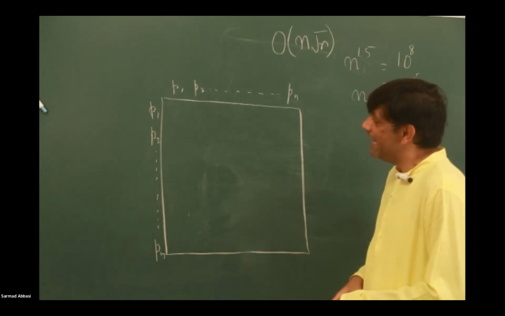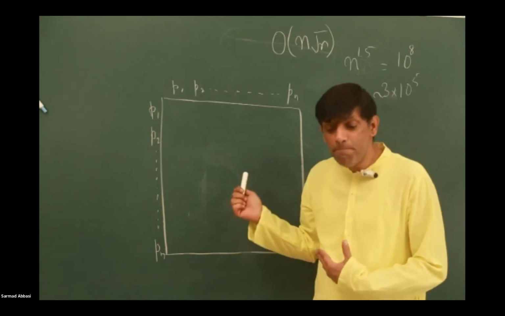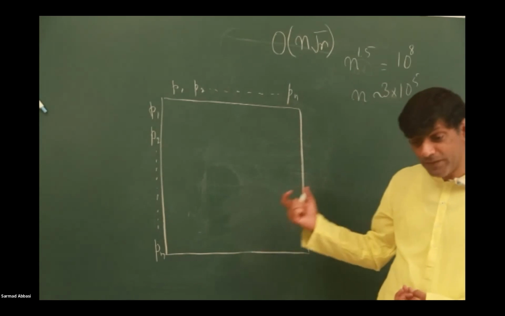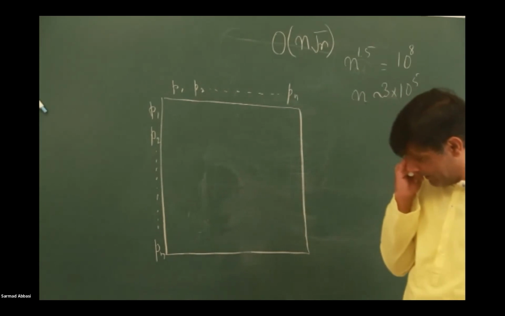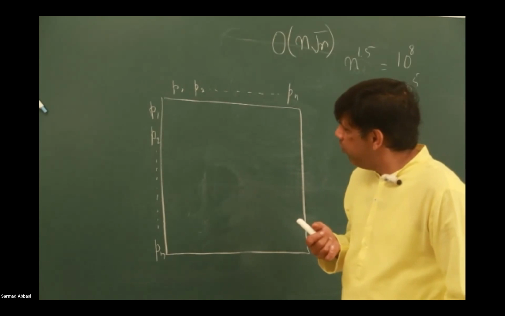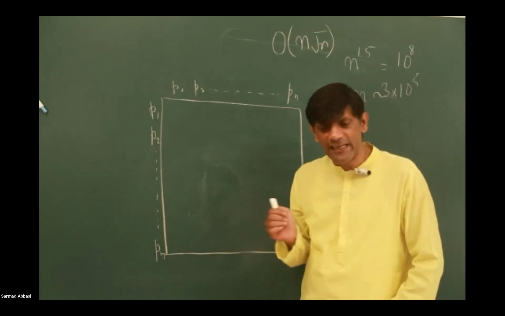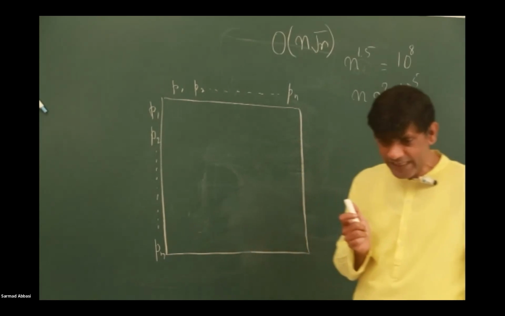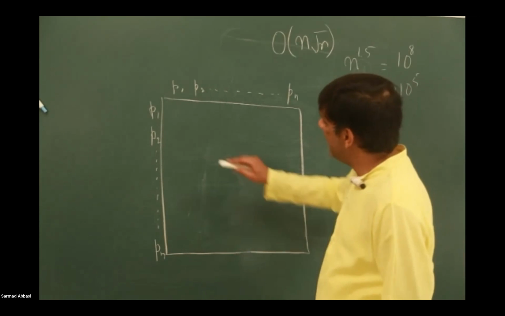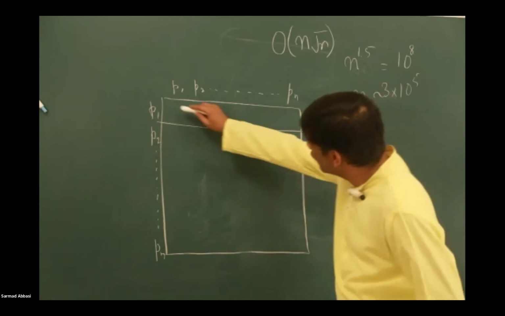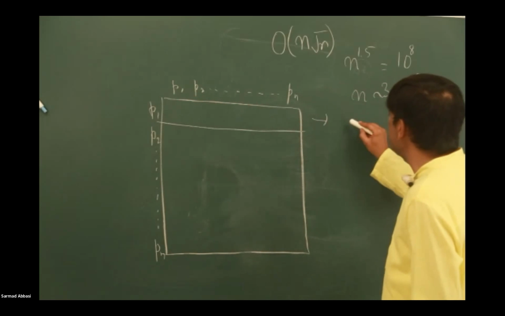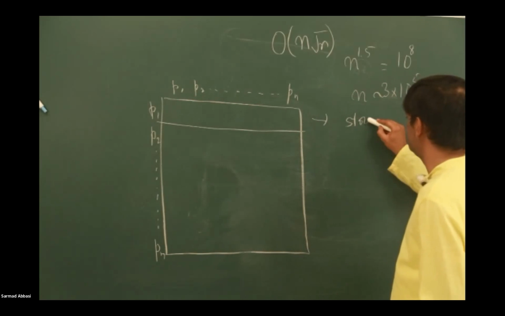I'm interested in the minimum quantity in this matrix, the minimum time. So why am I storing the entire information? The idea is that I will go in this row and only store the minimum of the row.